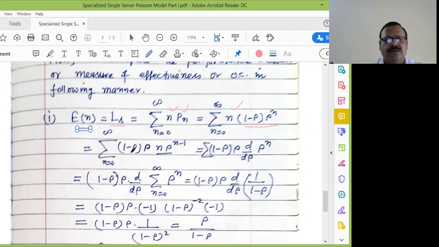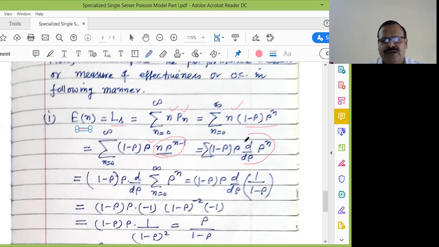So here in the second step, 1 minus rho is taken here, rho is put here, and n rho^(n-1). This one rho is taken with power 1, and n rho^(n-1) is made in this way. This is a mathematical adjustment.